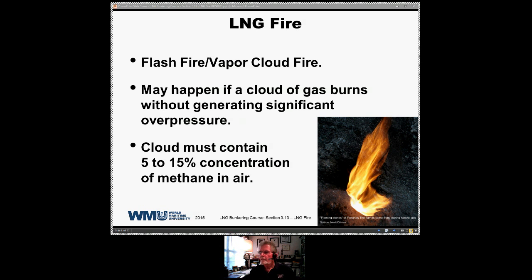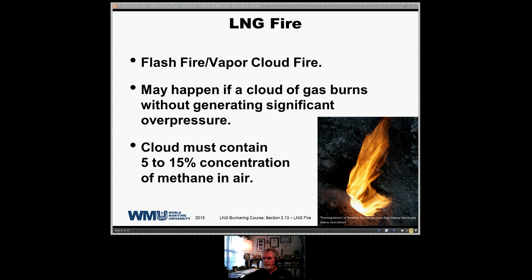All right. The first type of fire is a flash fire, or a vapor cloud fire, and this is something that may occur. A cloud of gas burns without generating significant pressure. In other words, it's an unconfined vapor. And that cloud obviously has to contain the 5% to 15% concentration of methane in air and meet a source of ignition.